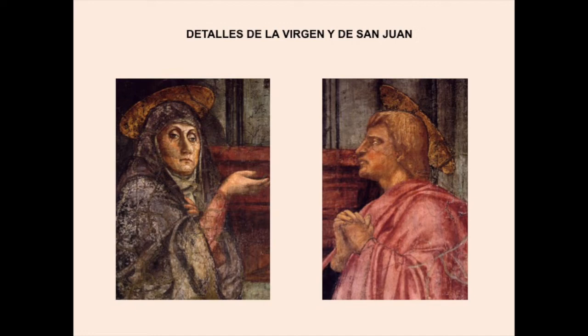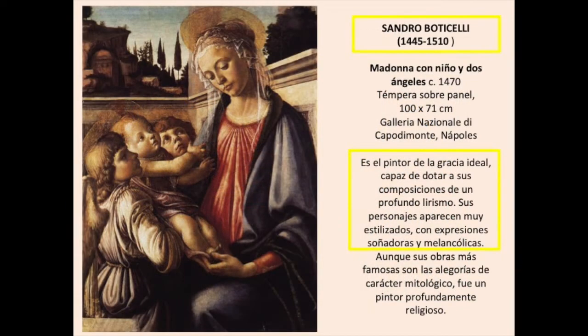Thanks to the use of the shadows, they gain volume and they are quite realistic, even if they are quite damaged because they were created in the 15th century. Yes, next.